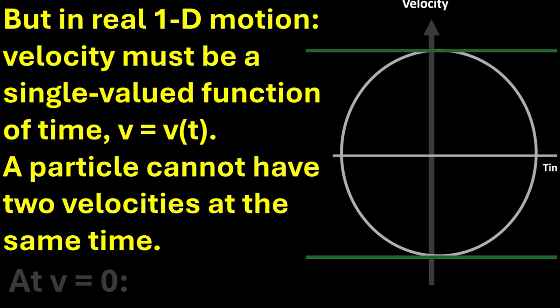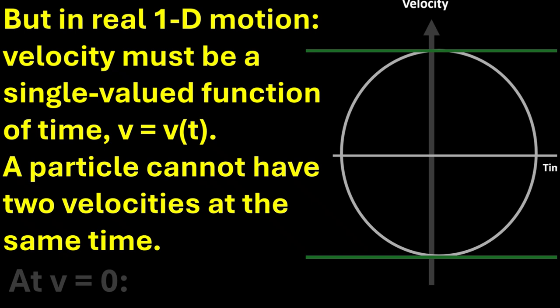If we were to dive into the mathematical part of this, in real one-dimensional motion, velocity must be a single valued function of time. It should be continuous, exactly something that we have discussed in the basic tools. So a particle cannot have two velocities at the same time.